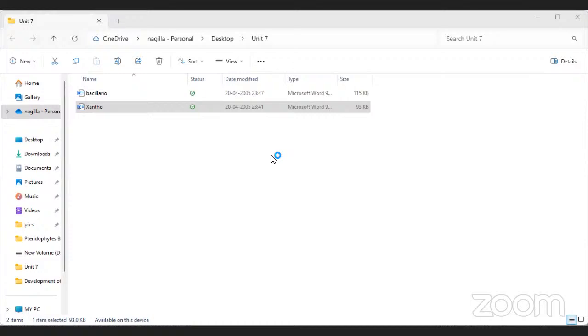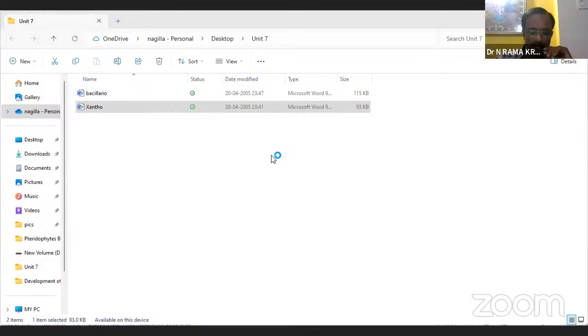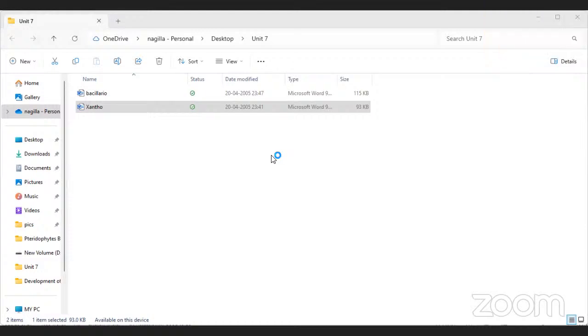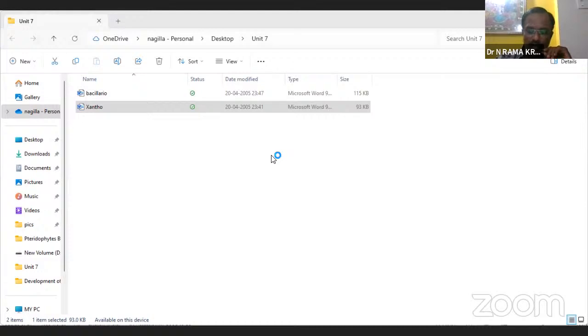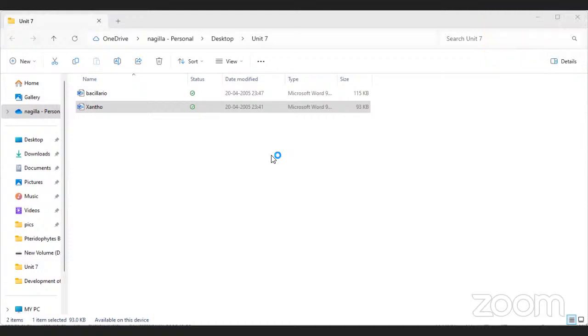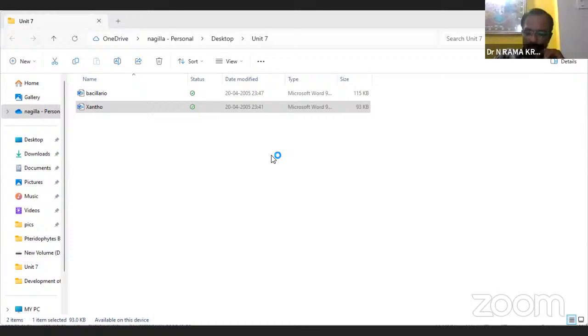Tell me, number one is unicellular. Second one is filamentous type. Okay. Colonies, you know colonies. Yes, sir. What is the meaning of palmelloid stage? What is the difference between cenobium and palmelloid?